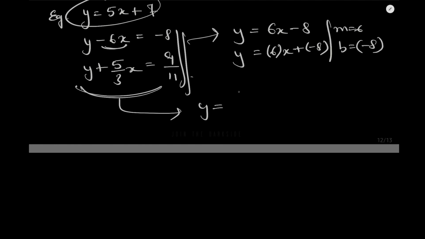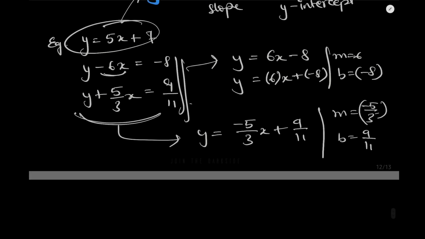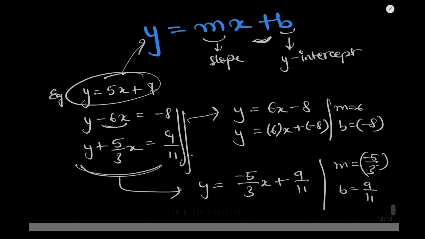It will be y is equal to minus 5 by 3 x plus 9 by 11, where m is equal to minus 5 by 3, not plus 5 by 3, and b is equal to 9 by 11. I hope you had paused the video and checked your answer now.